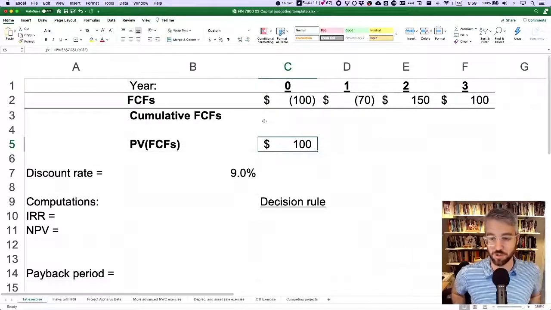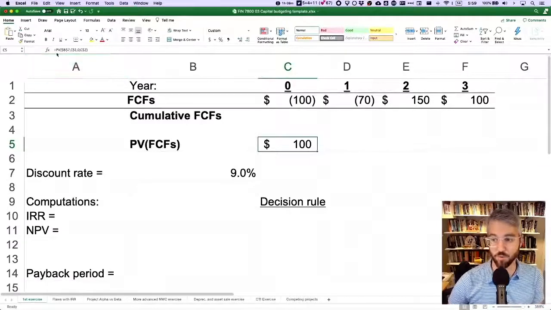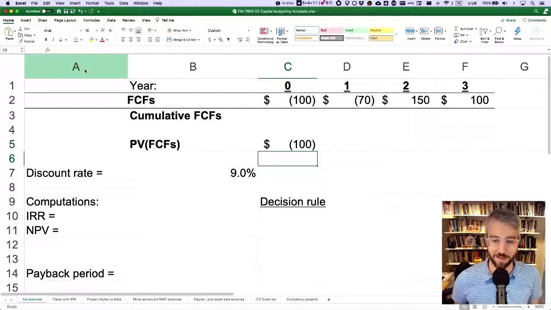And that's on the assumption that I would have to receive $100 million today to justify paying $100 million today. So since what I'm interested in calculating is actually the present values, I am going to have to be really careful here. If I want to use the PV function to do this, which is not the only way to do it, I'm always going to have to check and make sure that I got my signs right.